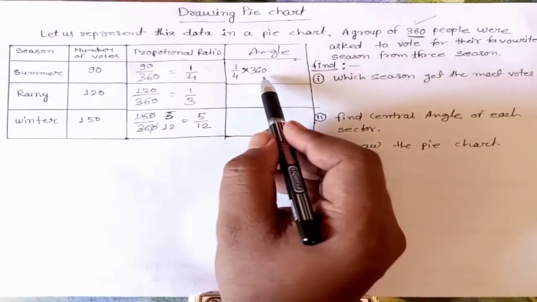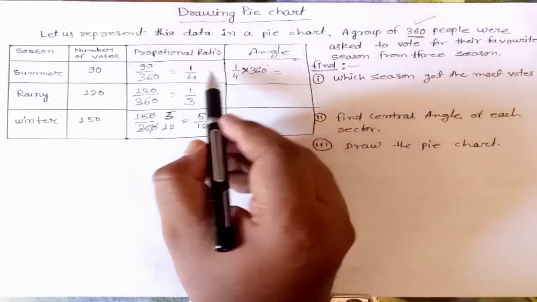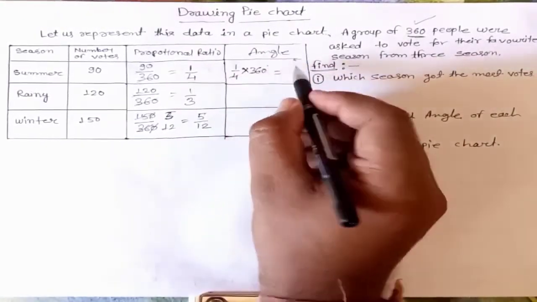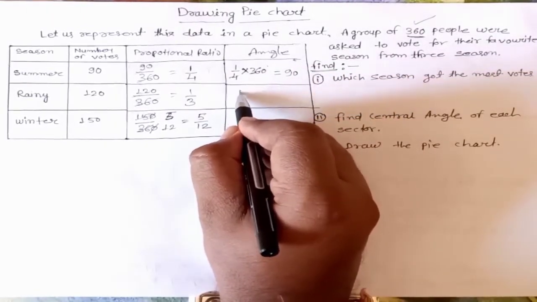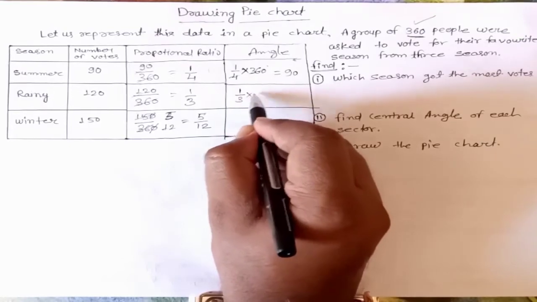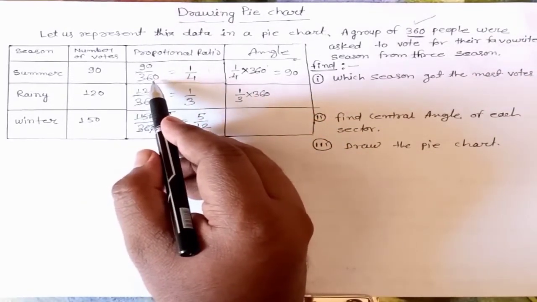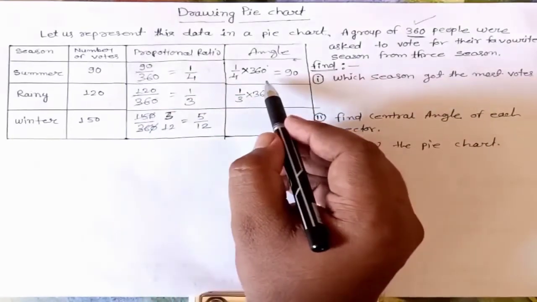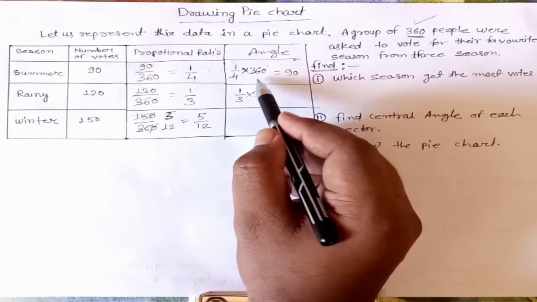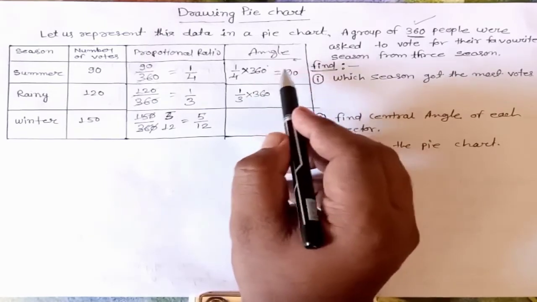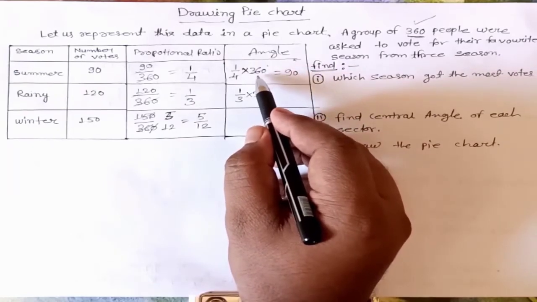You just multiply by 360 degrees, you will get 90. So this will be 90 degrees. Now this ratio is 1 by 3. You just multiply by 360. This 360 is the angle of a complete circle, right? So in every pie chart you have to multiply by 360.